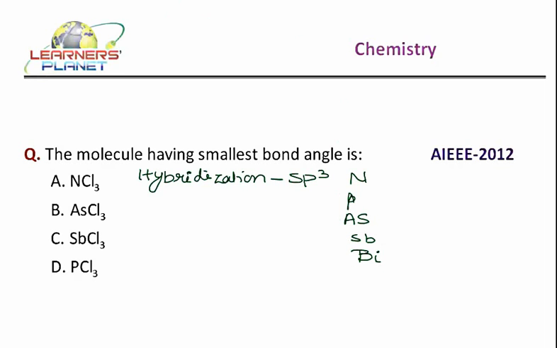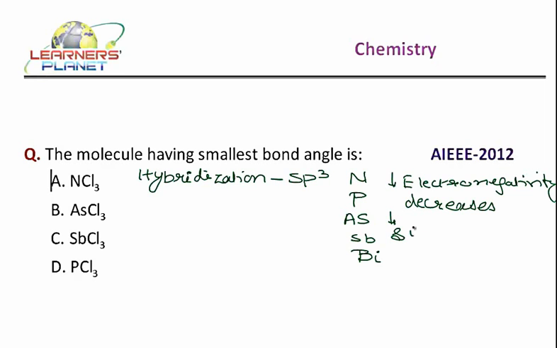Now for these elements, what can be found here is that the electronegativity decreases down the group. Right? So which among the following is most electronegative? Nitrogen. And also, on moving down the group, the size increases.